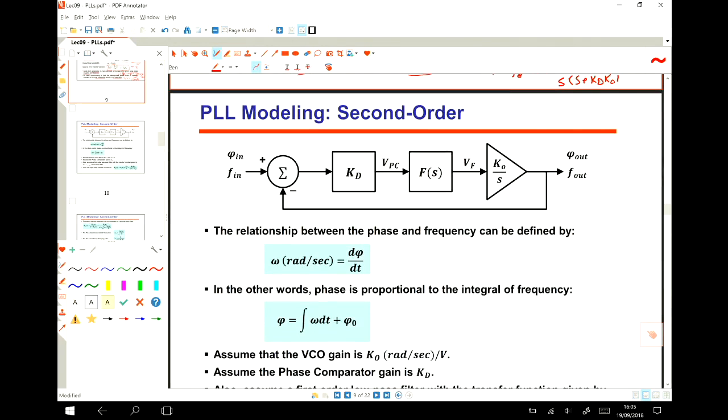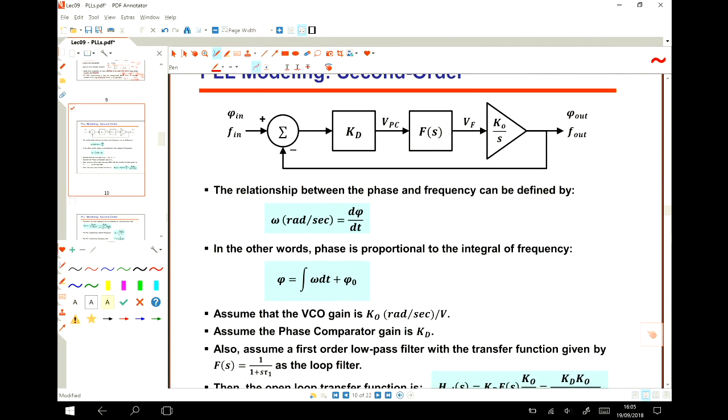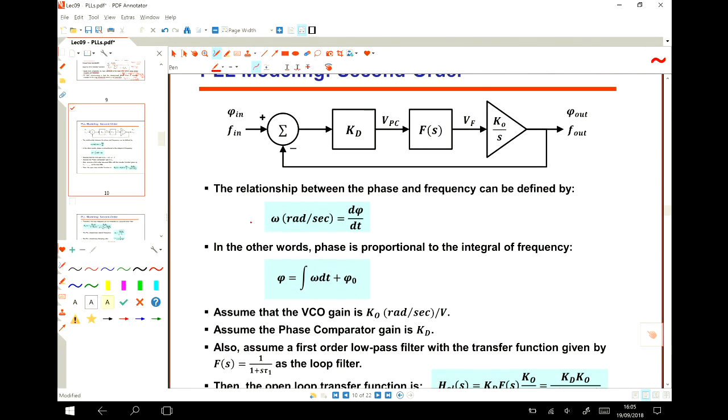This is what I just mentioned here. The VCO has a gain of Ko, and the equation is Ko over s.